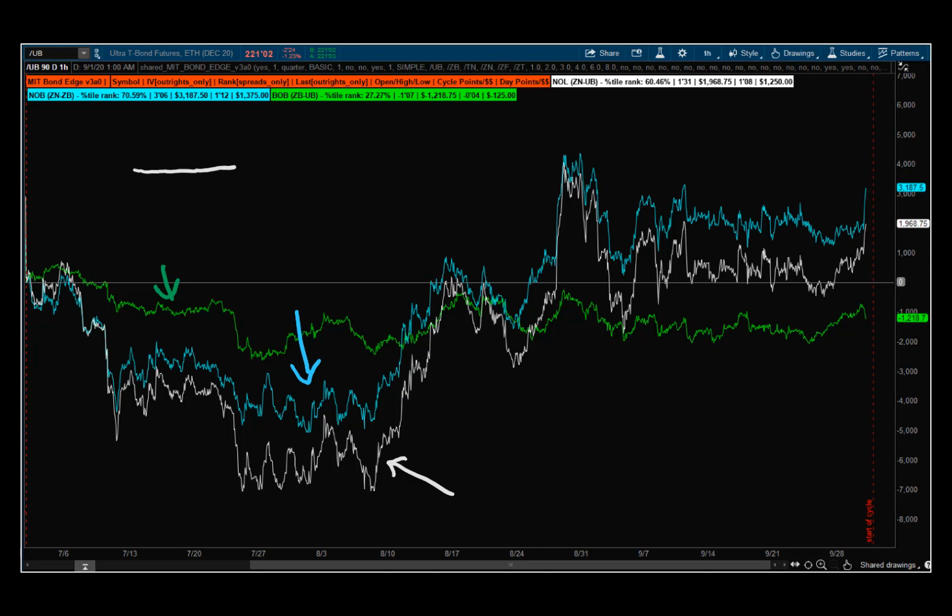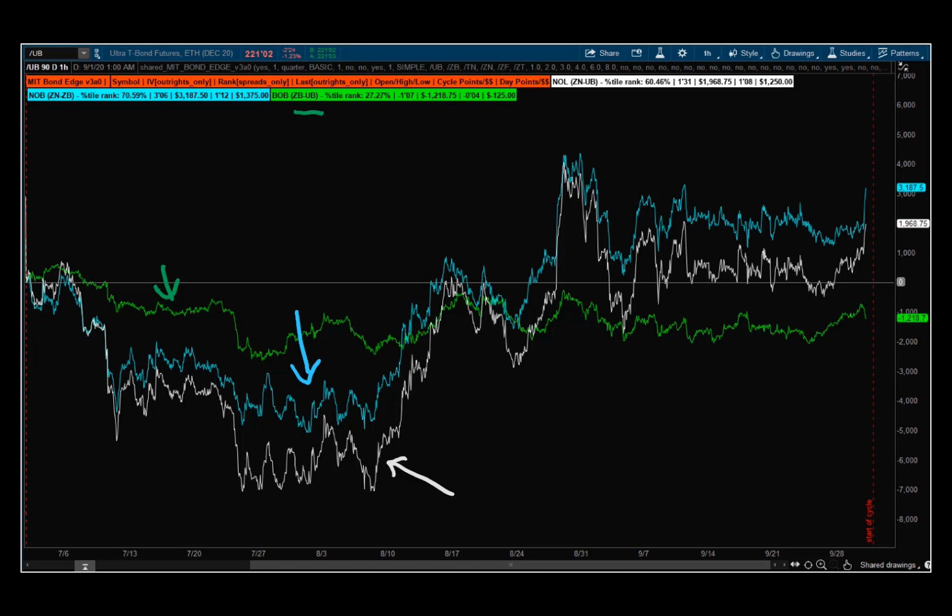So watch, if this is the yield curve and it goes out from 2-year to 5-year to 7-year, 18, 30, all the way up. Right now, rates are pretty much at zero across the board, 2s all the way to 30s. But what we want to do when we're trading is instead of just looking at individual bonds or individual notes, we want to look at the difference between these different instruments.